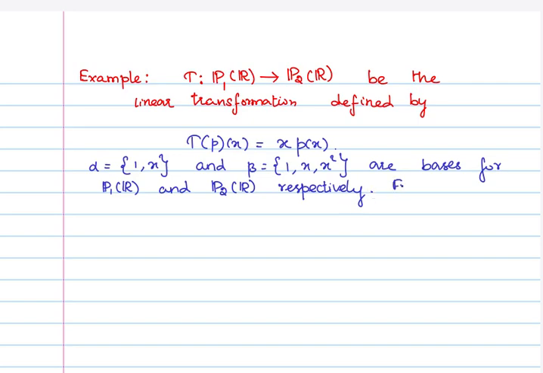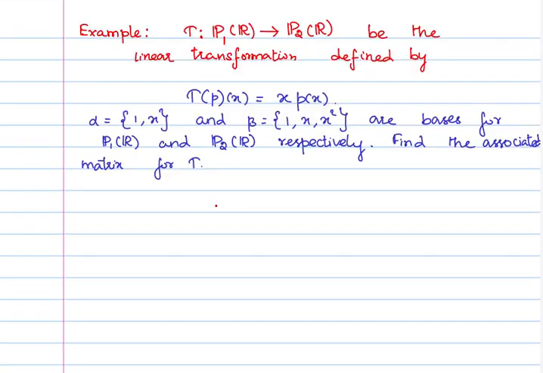So find the associated matrix for T. They gave a linear transformation and they gave the bases. Now we want to find the matrix.